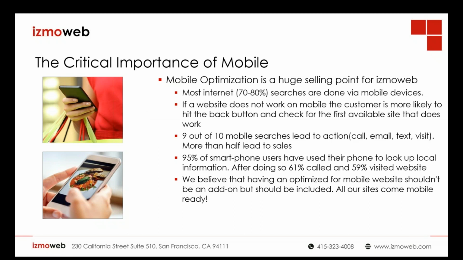They're looking it up on the mobile device, so it has to look good, you have to be able to navigate it, and it has to load quickly and format for those devices. And our websites do that. So you can be assured when you're talking to your clients that these are mobile-friendly websites. If they're looking for auto repair shops near me or yoga studios near me on their phone, the izmoweb website will come up, and it'll look great.